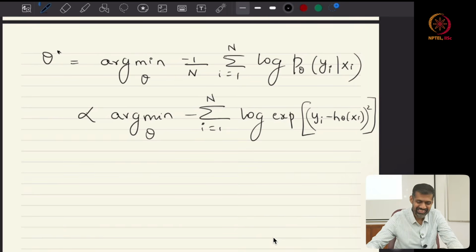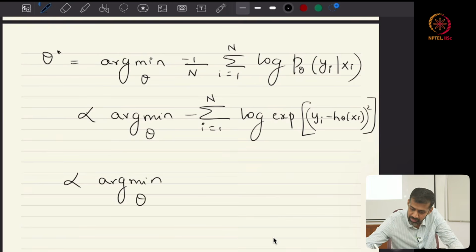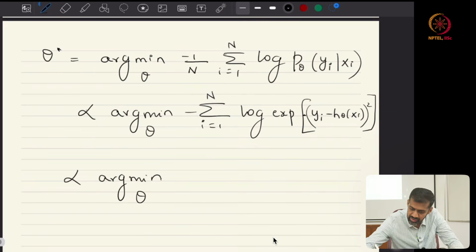Okay, so this is what it is, and I'll skip the algebra again, and this will become the minimizer. There is a minus here, no? Yeah, and this minus and the outer minus will get cancelled. Log and these things will get cancelled.